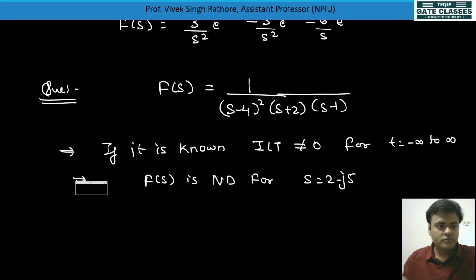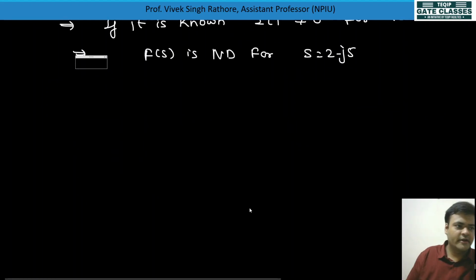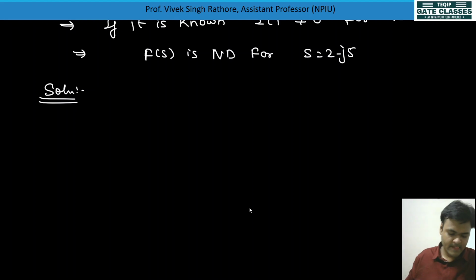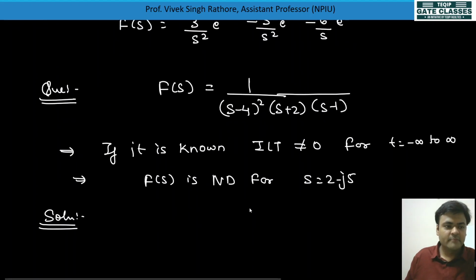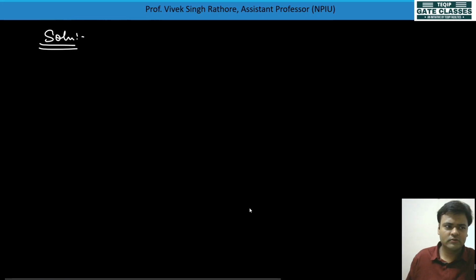Okay, let's get started and try to solve this question. Before I solve it, try to pause this video and solve this question by yourself, and then you can see the solution.